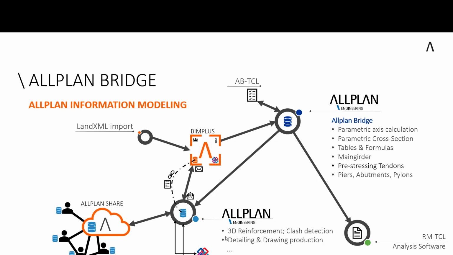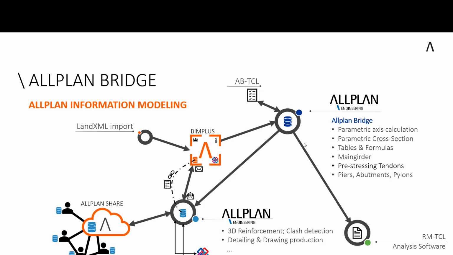So finally, here we have an overview of the holistic Allplan solution for information modeling. So here in the center, you have the Allplan application. And as an Allplan user, you already know the connection to BIM Plus, and on the other side to Allplan Share. So what is new in this scene is that we now have Allplan Bridge with all the features that I just presented you before. And Allplan Bridge can save its data to a so-called TCL file, which is a script file that you can open and edit in any text editor and also re-import into the database.